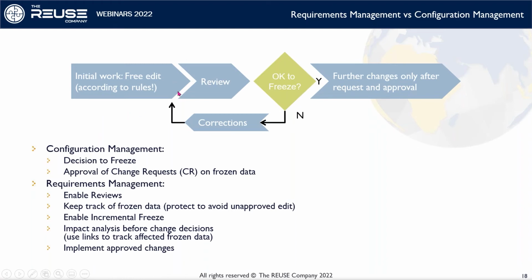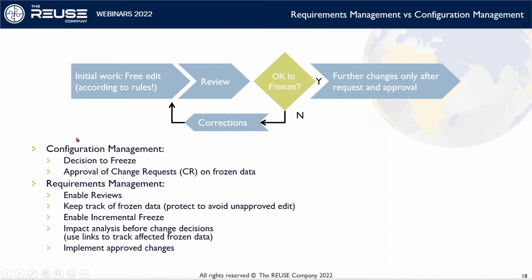At some point of time, there should be some sort of halt and there should be review. Hands off the keyboard, people should not work, we should have a review. If it's assessed to be okay, it's frozen, and now further changes may only happen after change request and approval. We could of course say that no, it's not ready, we should do some corrections and have a new review.